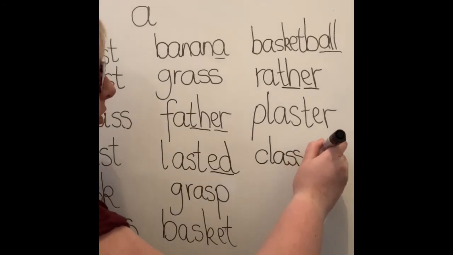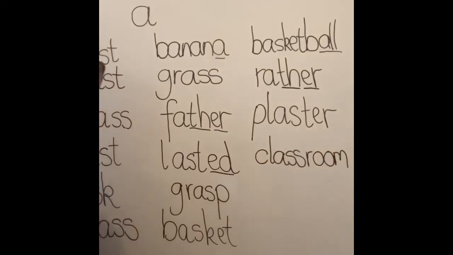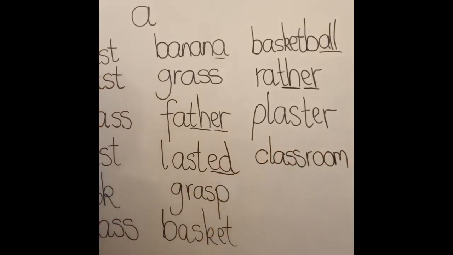Class. Well, besides recess and lunchtime. Classroom. So we've joined 2 words together. Class and room, and made it into classroom, the place where we go to learn. And hopefully we'll be back in soon, because my spare bedroom doesn't make a very good classroom, I don't think.